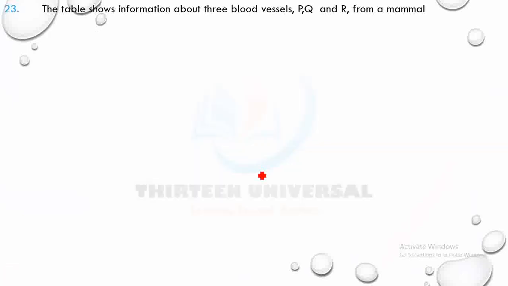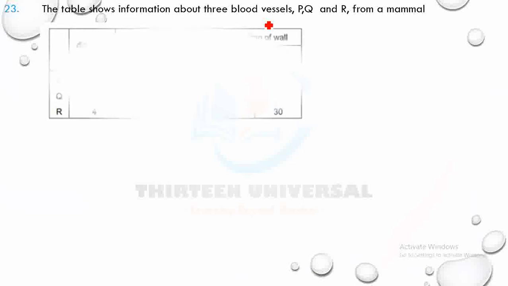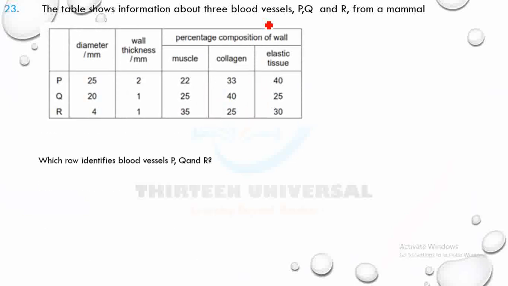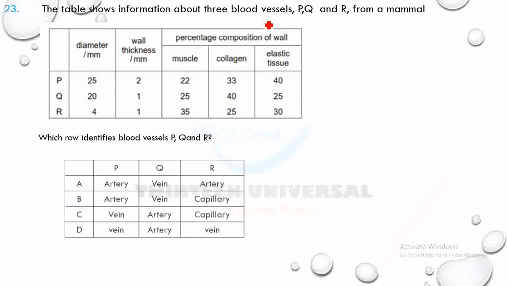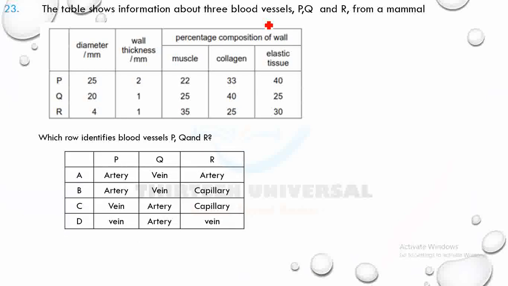The table shows information about 3 blood vessels P, Q, and R from a mammal. Which row identifies blood vessels P, Q, and R? I'd like you to pause the video and try. Now watch.